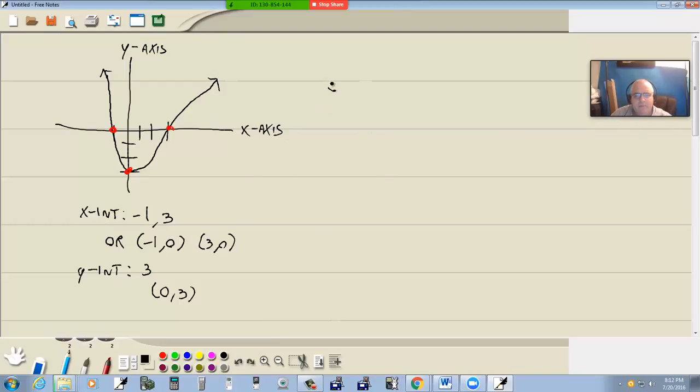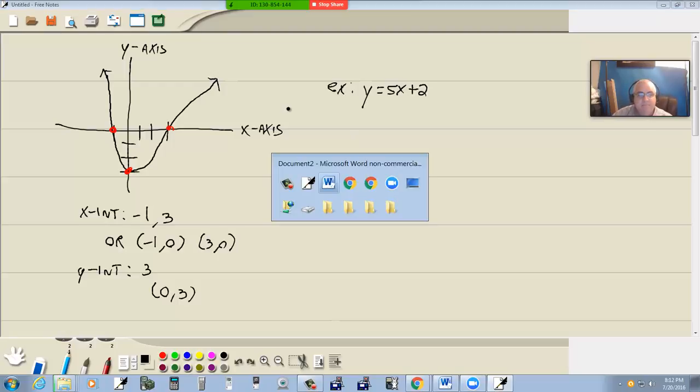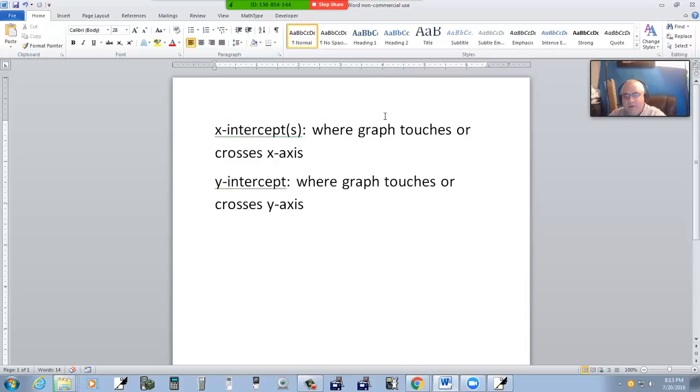If you're given a problem, we got y is equal to 5x plus 2, for example. And the question is asking you to find the x-intercept and y-intercept. Now no matter where you are in algebra, if it's asking you to find the x-intercept, y-intercept, these steps are still the same.